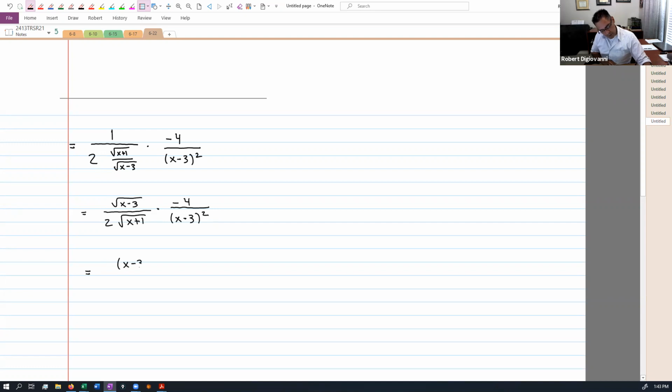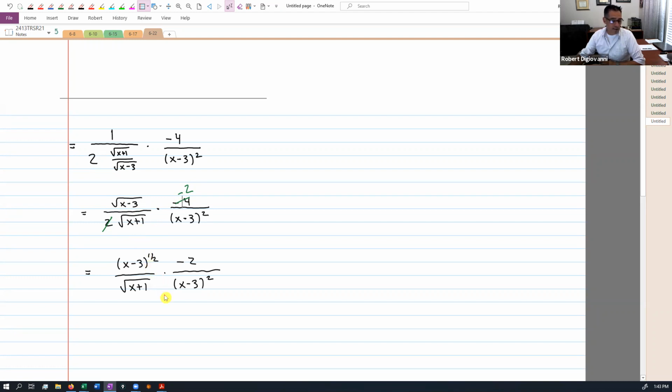This is x minus 3 to the half over 1 times -2, and then over x minus 3 squared. Sorry, I forgot my square root of x plus 1 down here. So all I did there was 2 goes into -4, -2 times like that. I just reduced this out. And then I rewrote x minus 3 to the 1/2 power.